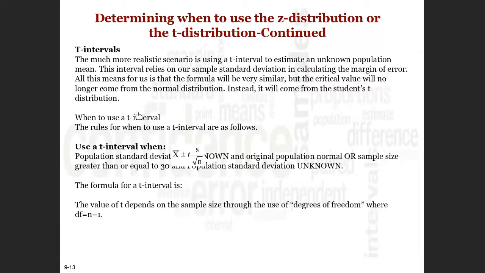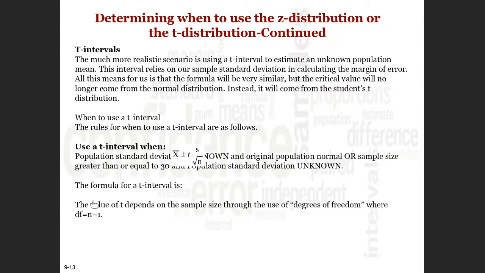So, just to reiterate, when to use a t-interval, the rules are as follows. The population standard deviation is unknown and the original population is normal, or the sample size is greater than or equal to 30 and the population standard deviation is unknown. Sorry about that. I have to fix that.